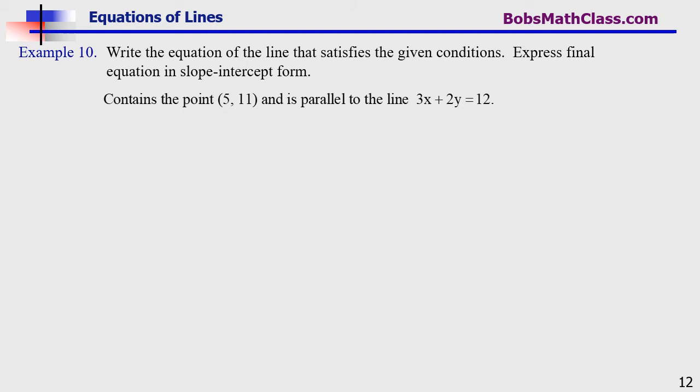Our next example, same kind of problem. It contains the point 5, 11 and is parallel to the line 3x plus 2y equals 12. So again, it says parallel, that means same slope. The problem here is that our line is not written in slope-intercept form.